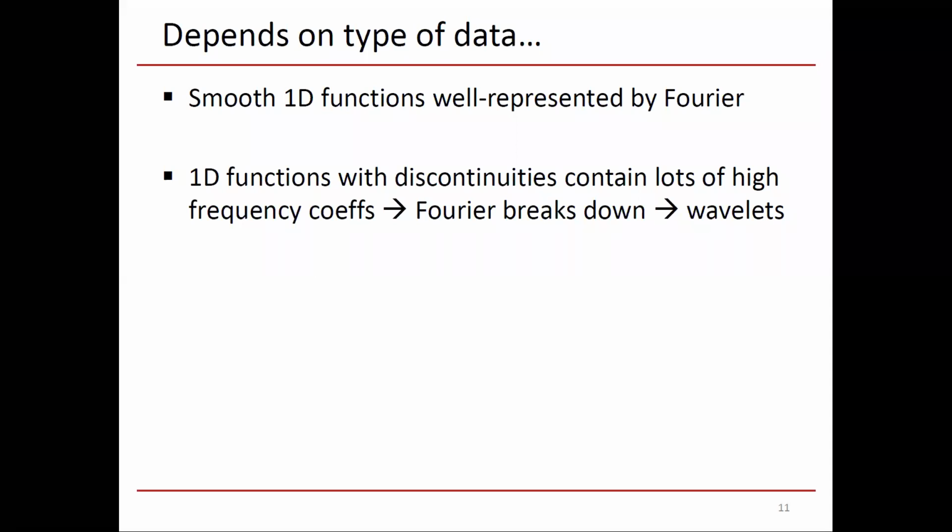Now, the discontinuities contain a lot of high frequency coefficients, and because of that, the Fourier representation breaks down. It's no longer sparse. On the other hand, this motivates wavelets. Wavelets, as we're going to see in an upcoming module, are indeed well suited for 1D functions with discontinuities, and these types of functions are represented sparsely with wavelets.